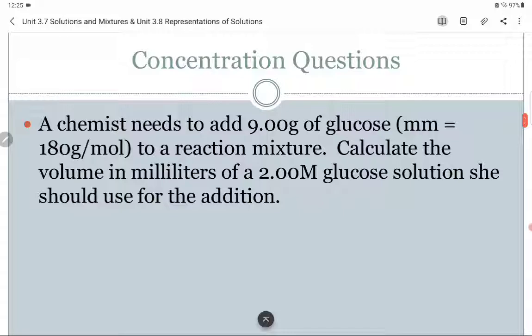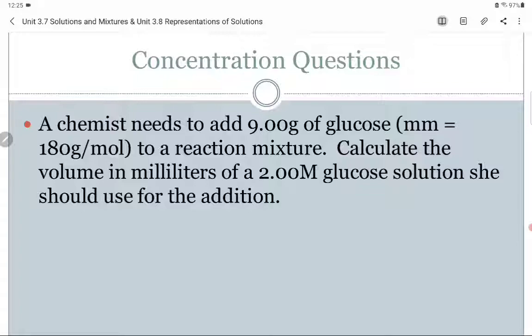Similar question, but now we are given the grams, and we're given that we are making a 2 molar solution, but this time we want to figure out the milliliters of that. So many of these questions are all kind of the same. You just have to decide where you want to start with your factor label.